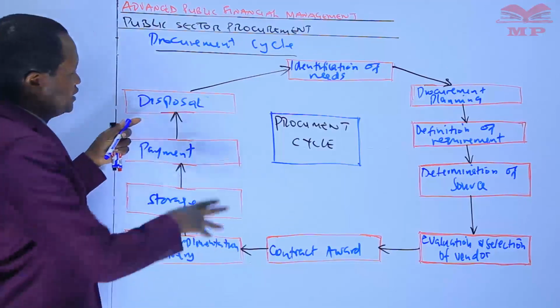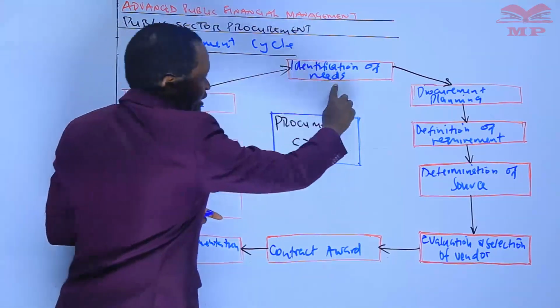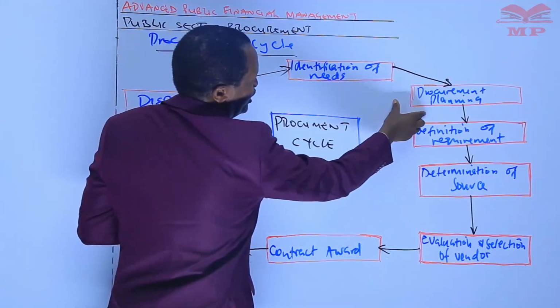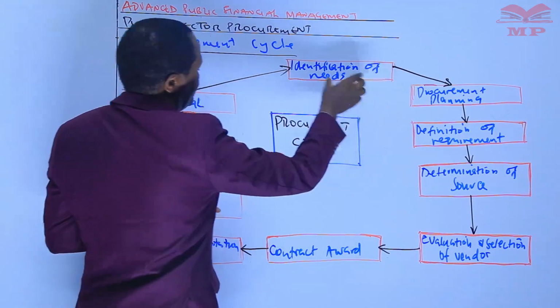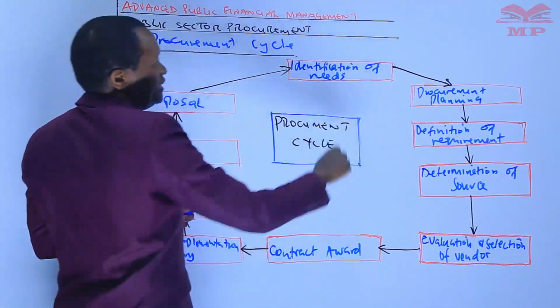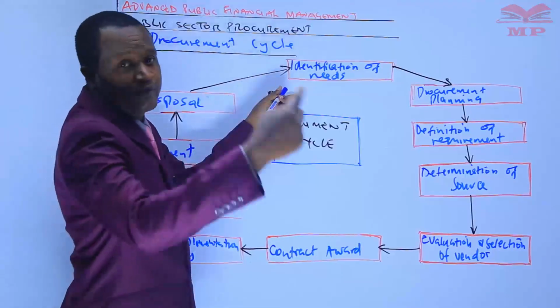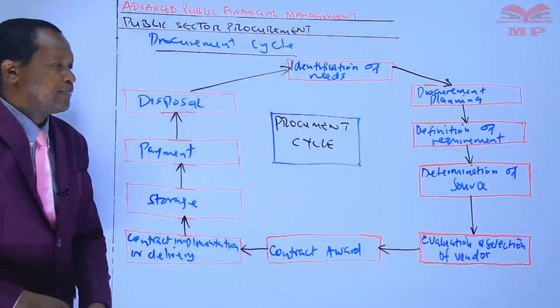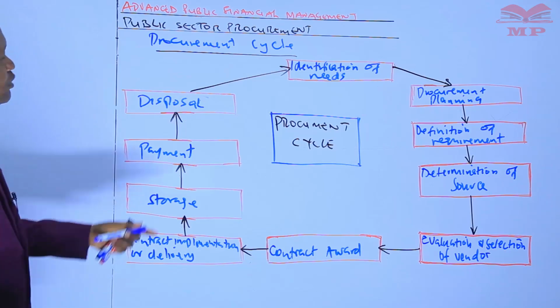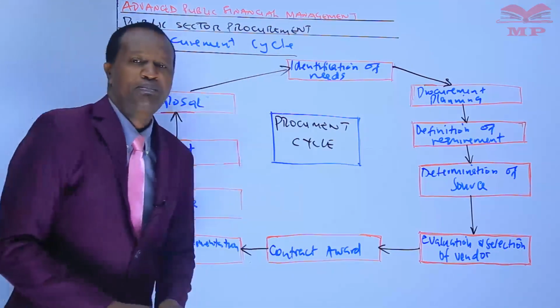Then if it's annual, then the cycle begins again. Because, we said the entity has to have an annual procurement plan. After execution of this one, then the next year there is again the identification of needs for another cycle, another procuring cycle. So that is the procurement cycle in the public sector.